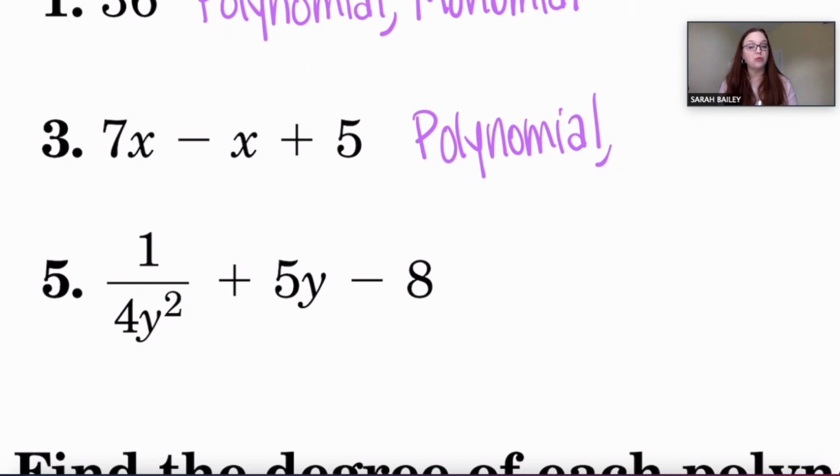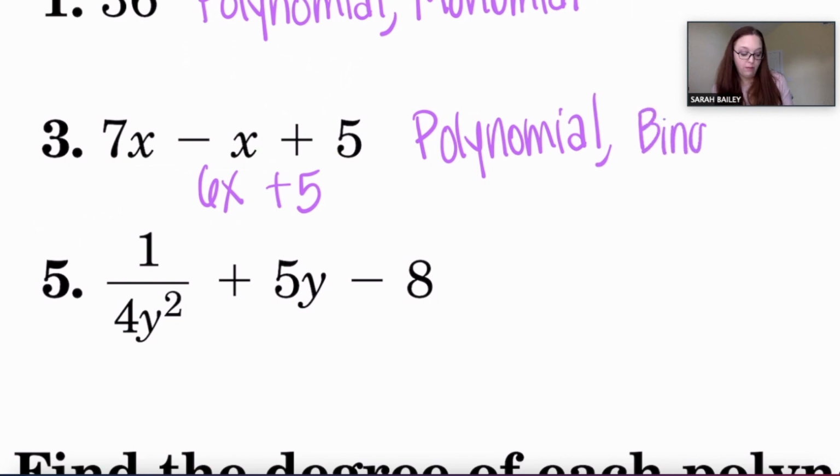But actually, remember that this one can be simplified. 7x minus x is 6x. So before you classify it as what type of polynomial, you need to simplify, if it can be. So this would simplify to 6x plus 5, making this a binomial, because when simplified, there are only 2 terms.